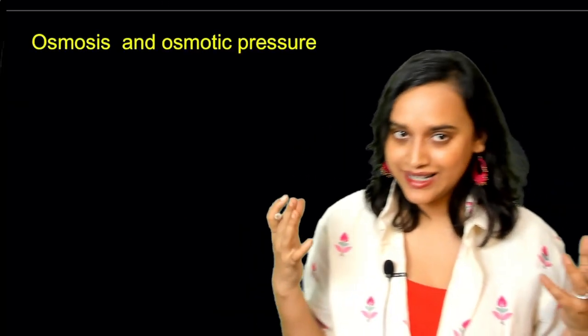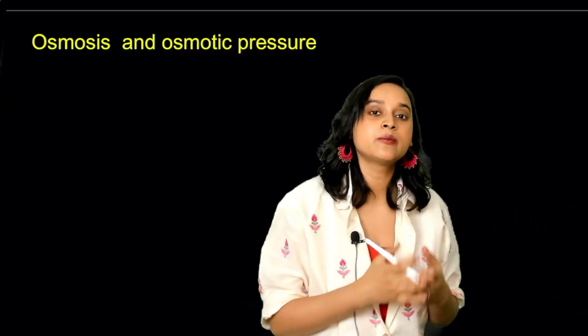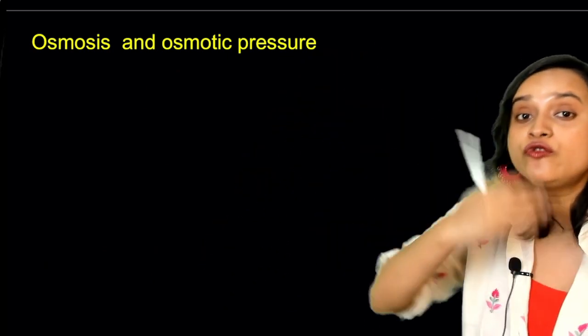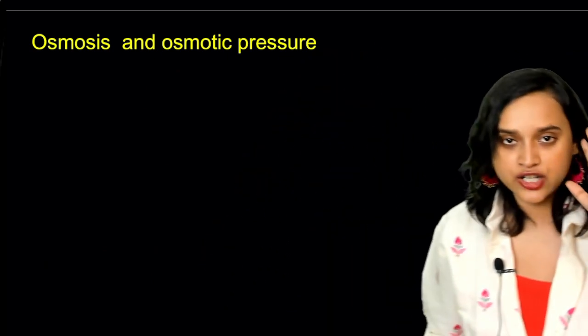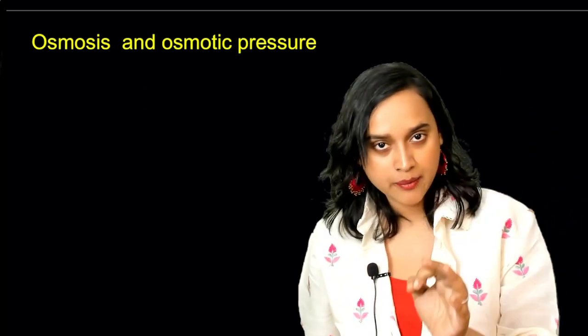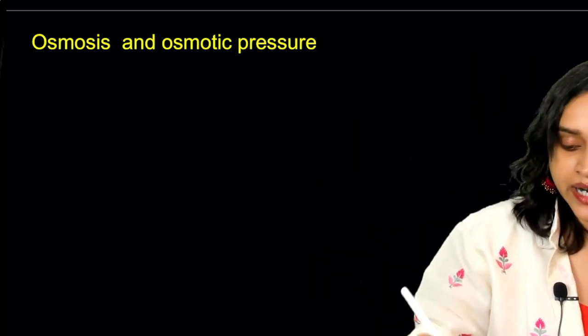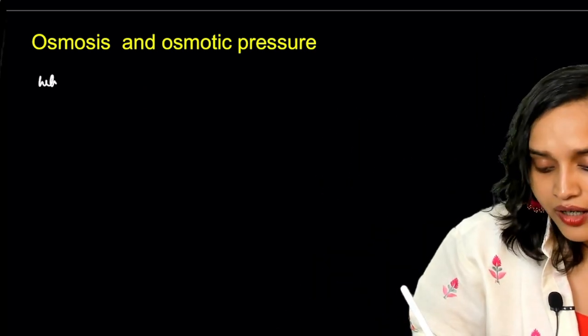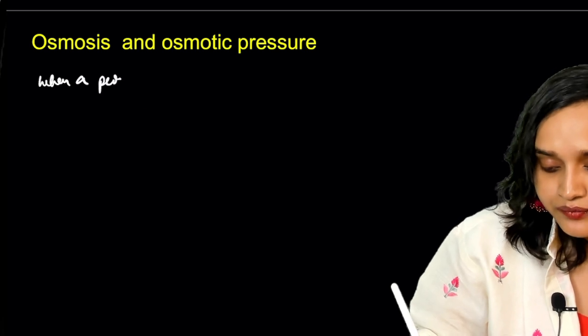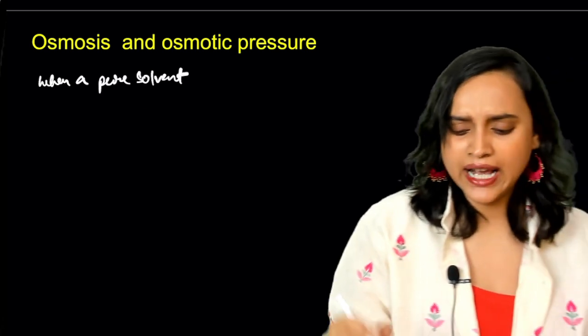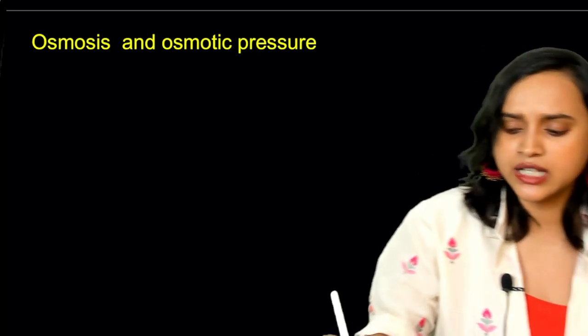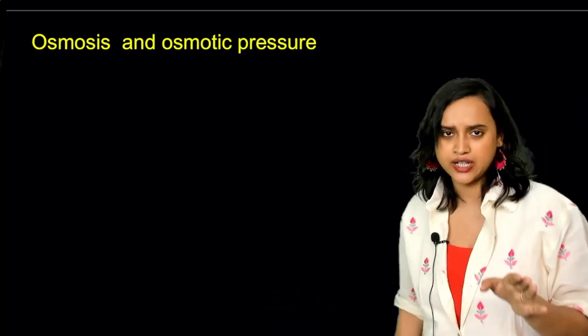All right, moving ahead, everybody, what is osmosis? You understand that when you have a semi-permeable membrane and the movement of solvent happens from a higher concentration to a lower concentration through a semi-permeable membrane, that is called osmosis. Actually, I don't have to write down the definition, because nobody is going to ask you the definition.